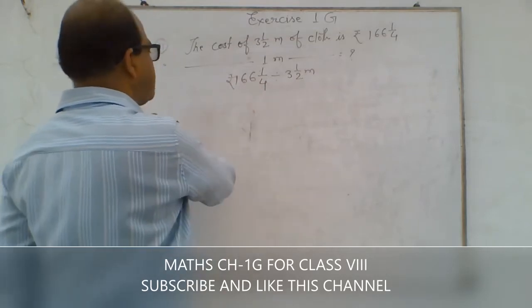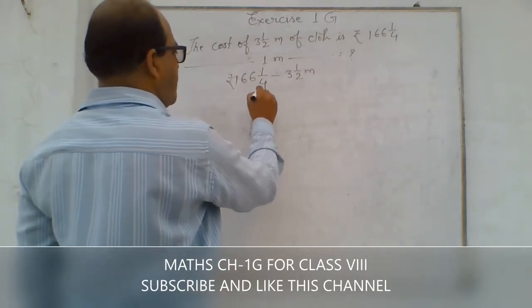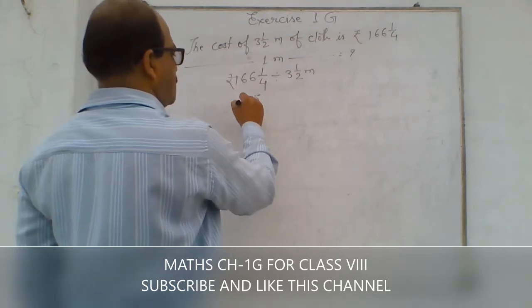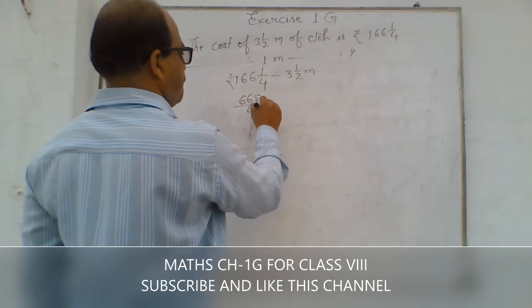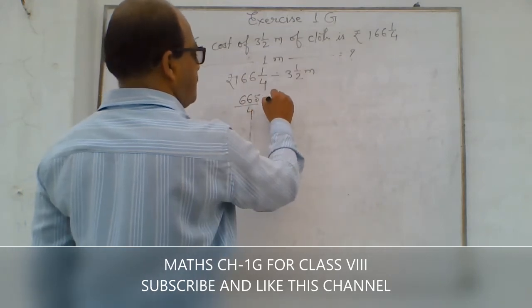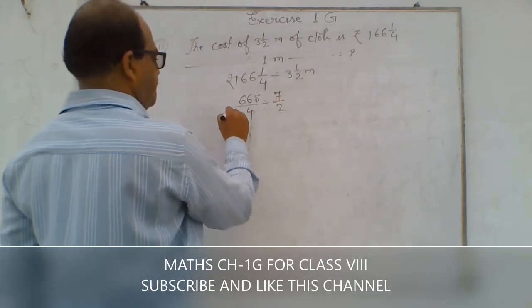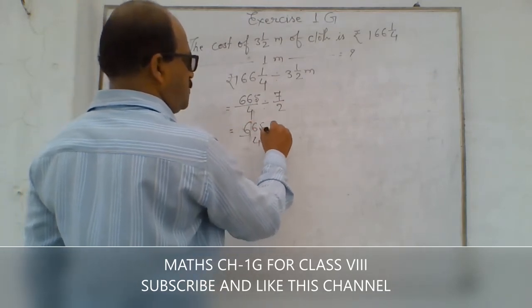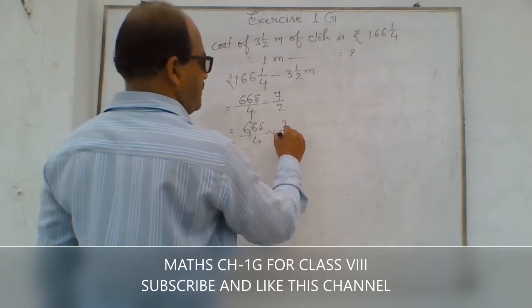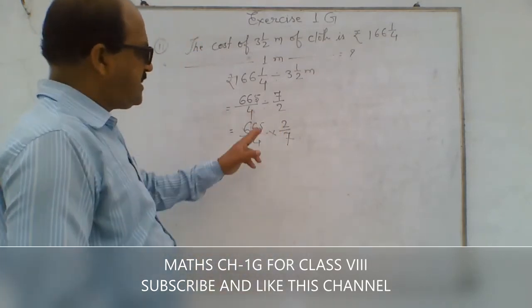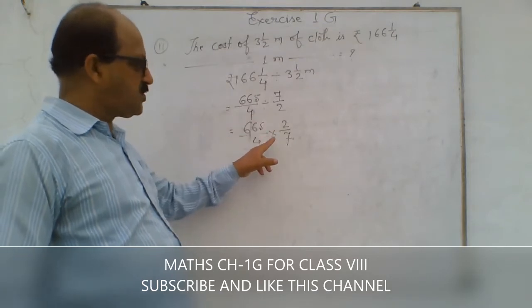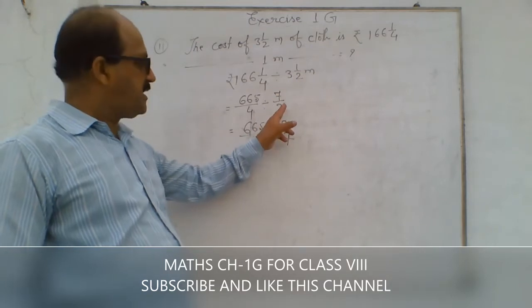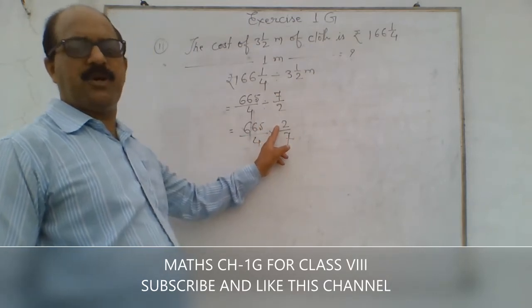These mixed fractions will change into improper fractions. 3 whole 1 by 2 becomes 7 by 2. Here in division, the divide sign will change into multiplication, and this fraction will be written as the reciprocal of this one.